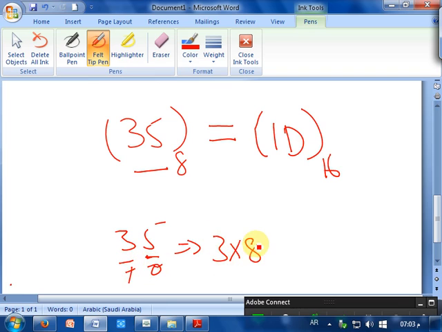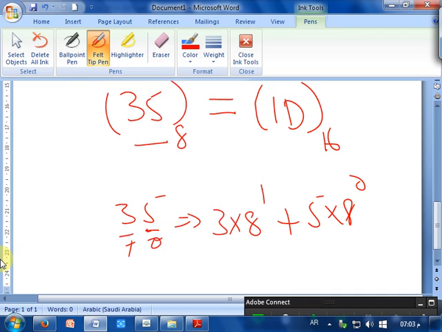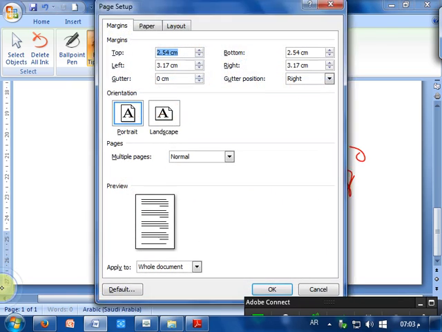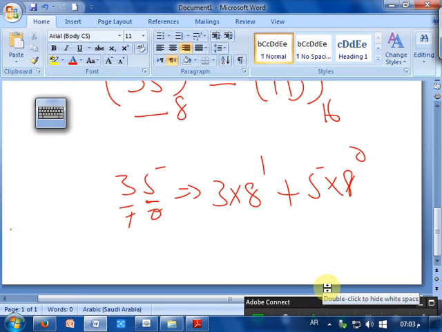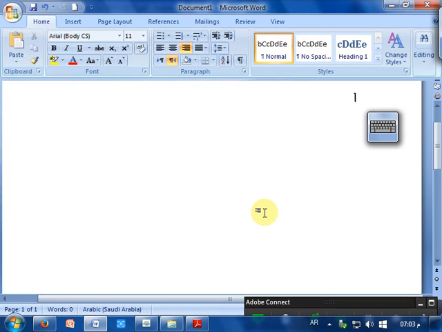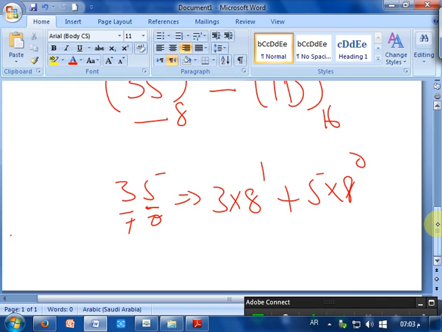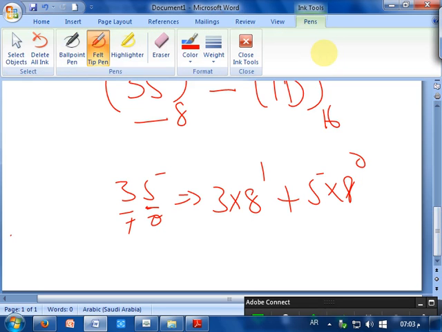So 3 into 8 power 1 plus 5 into 8 power 0. 3 into 8 power 1 is 24, plus 5 into 8 power 0, which is 1. So it is 24 plus 5, 29. It is 29. This is decimal.